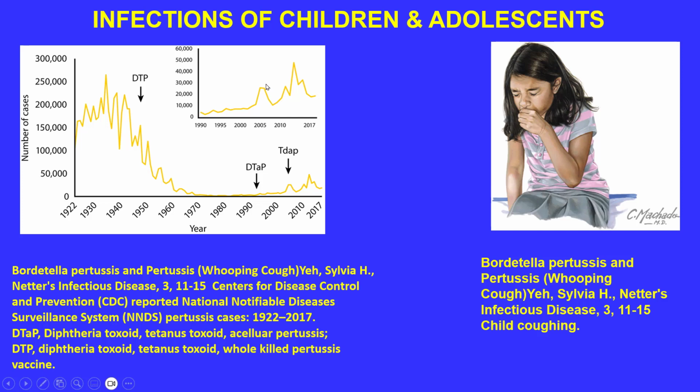Now what we're having are just smaller amounts. Unfortunately, in the mid-2010s, you started seeing some of this occurring again, having a resurgence. And this may be because of a variety of reasons, including children not getting the vaccinations that they really need.